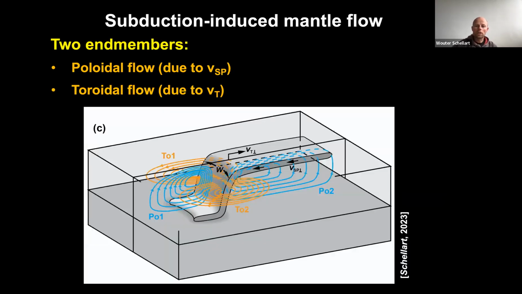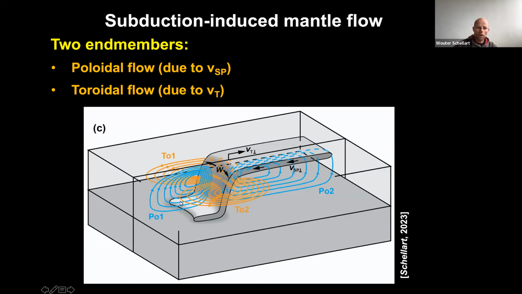This also has an effect on the flow in the mantle. As the slab sinks into the mantle, it induces mantle flow. This trenchward subducting plate motion, VSP, generally is accommodated at depth by down-dip slab sinking, so sinking parallel to the dip angle of the slab. This induces so-called poloidal flow, where flow occurs around a horizontal rotation axis.